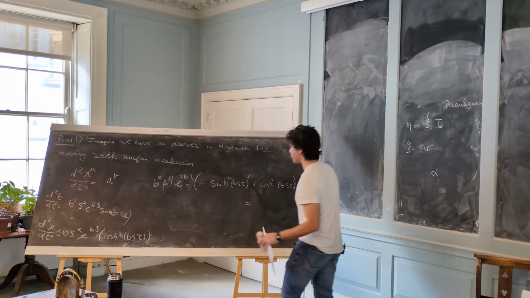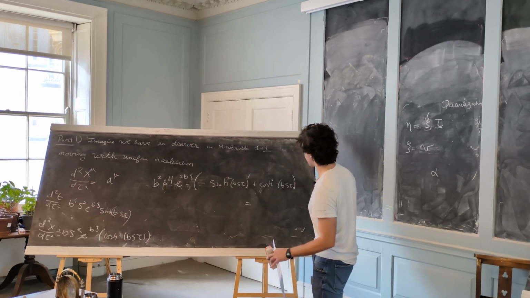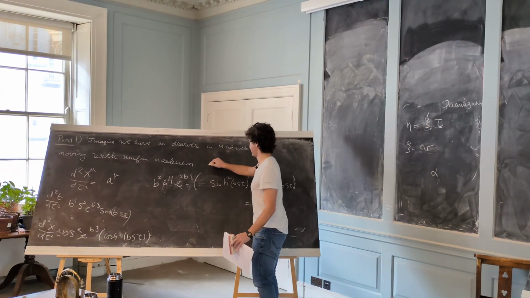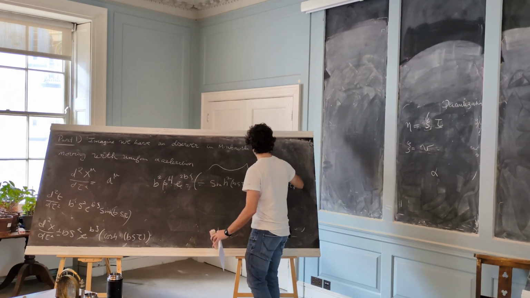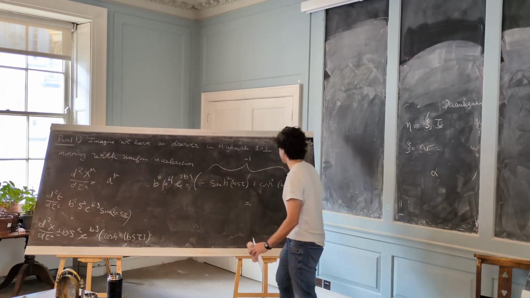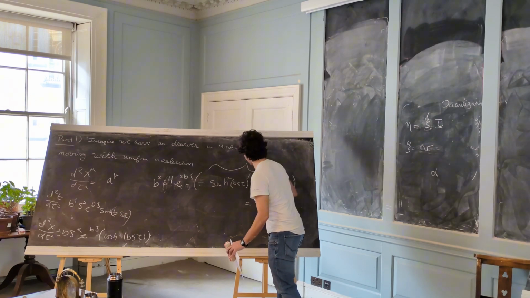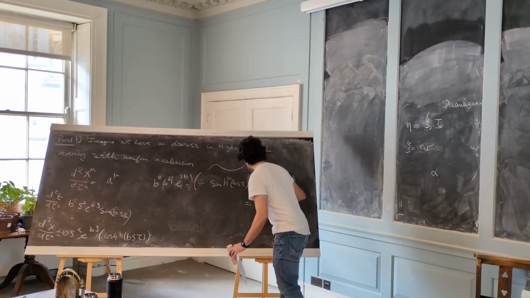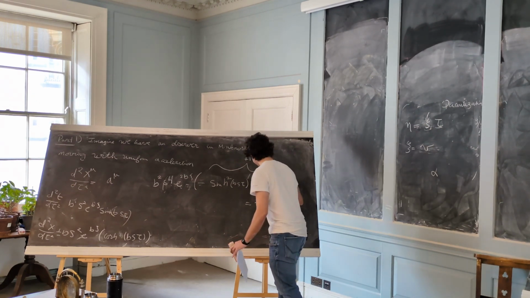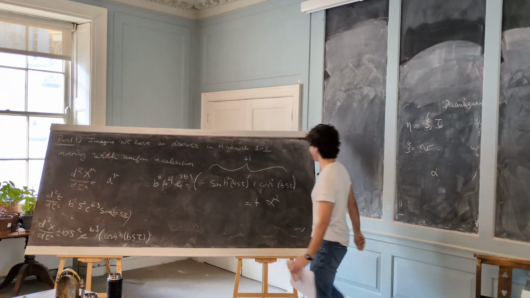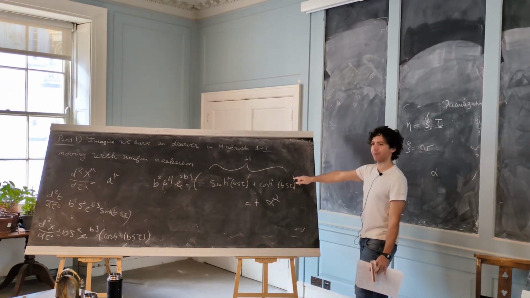And I'm already predicting that I made a sign mistake. So what is this? This is minus 1. Oh, it's plus 1. Then I didn't make a sign mistake. Very good. Cosh squared minus sinh squared is plus 1, equal to plus alpha squared. Okay, so all the tau dependence has dropped out.